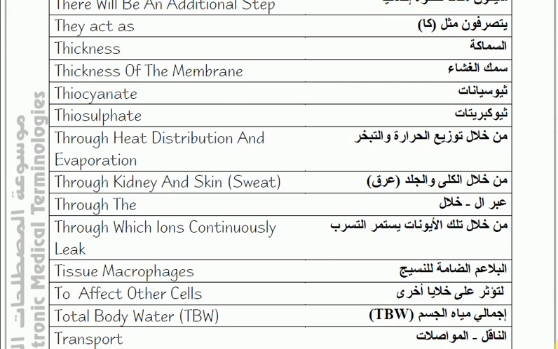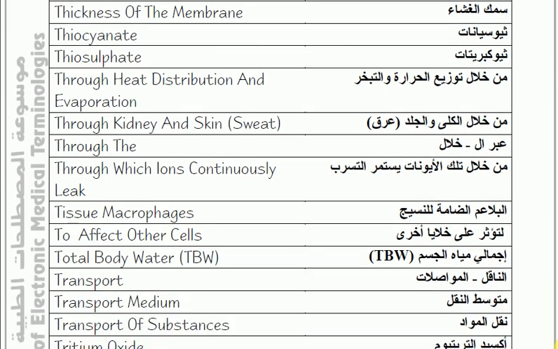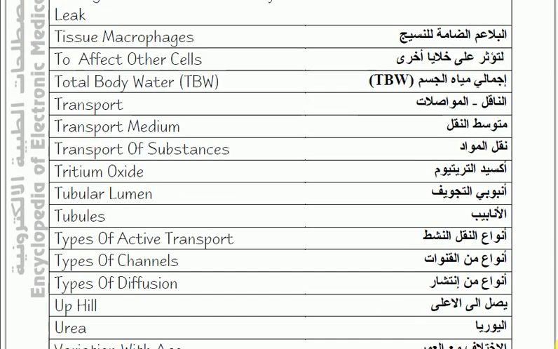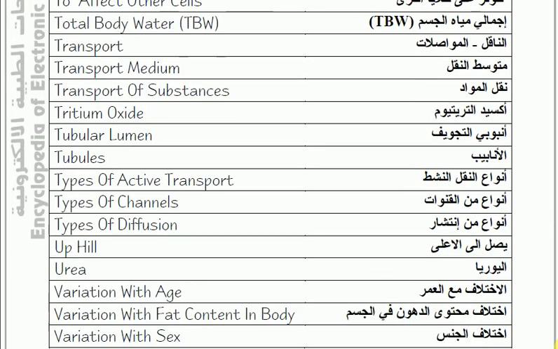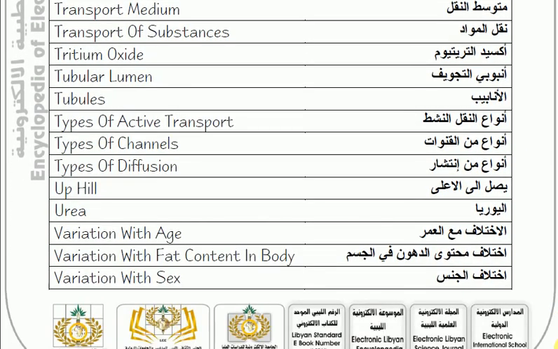Total body water, TBW. Transport. Transport of substances. Tubular lumen. Types of active transport. Types of channels. Types of diffusion. Uphill. Urea. Variation with age.